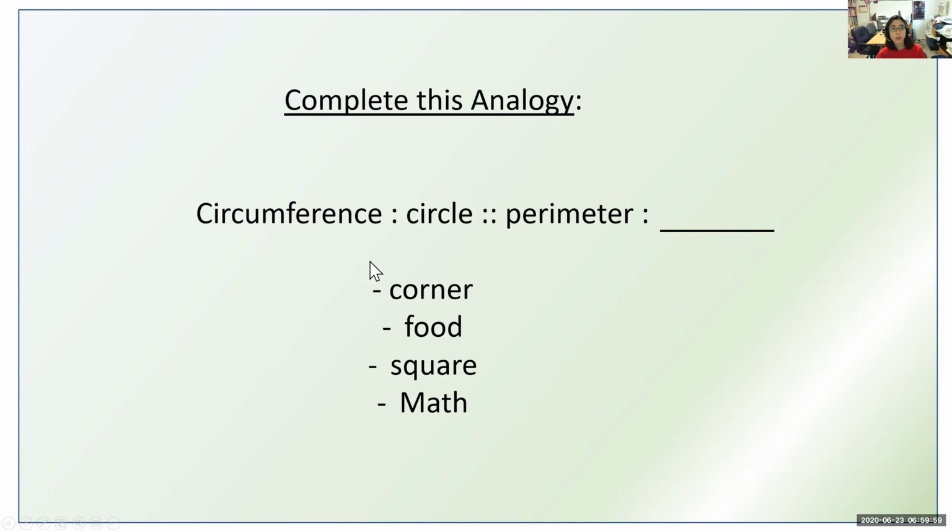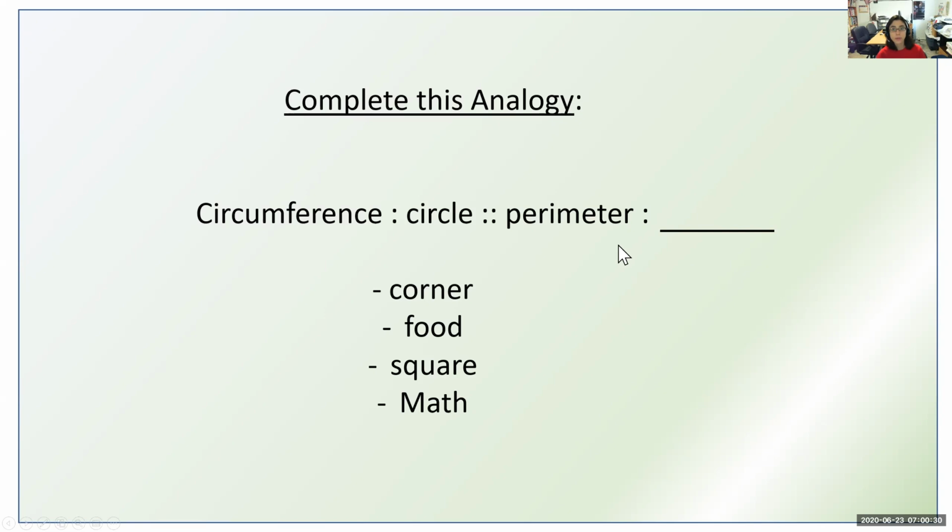Circumference is the outside part of the circle. So that's a good piece of information to remember. Based on that information, we know that perimeter is going to have to refer to the outside of something, because circumference refers to the outside of a circle. So that's our main hint.